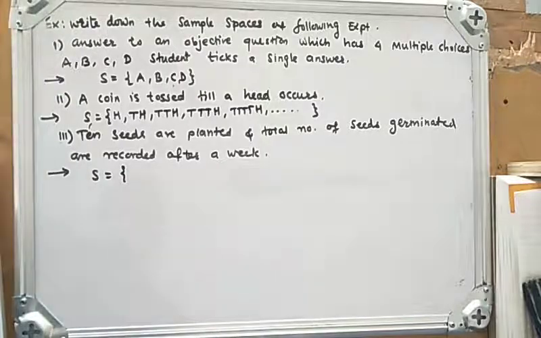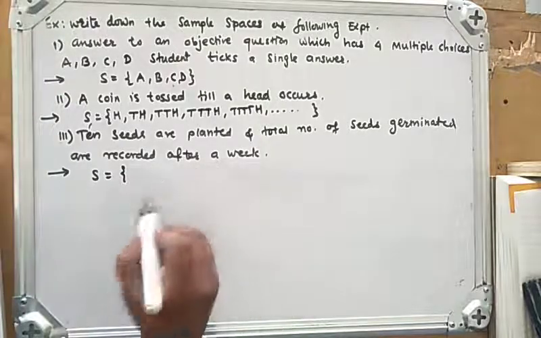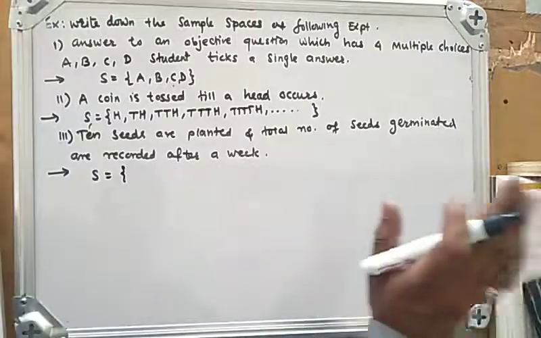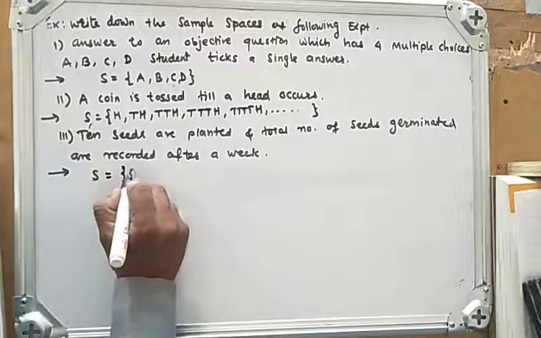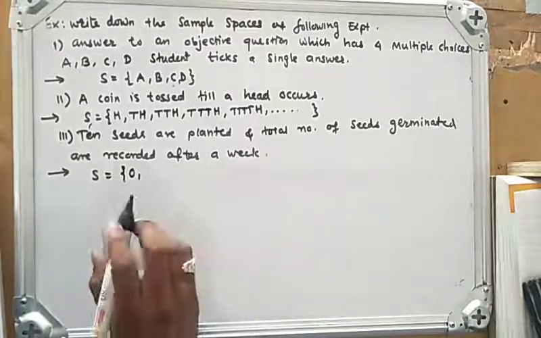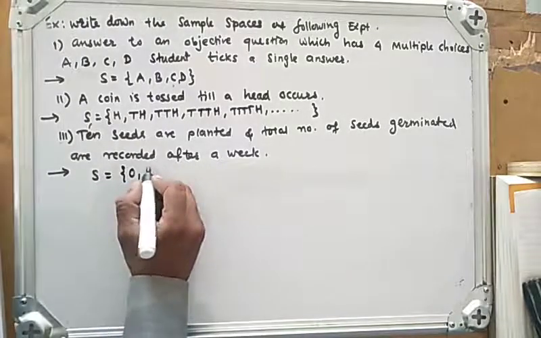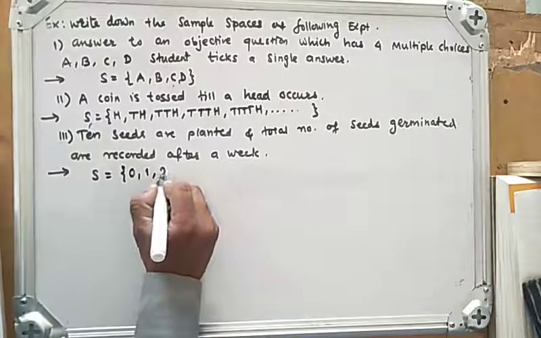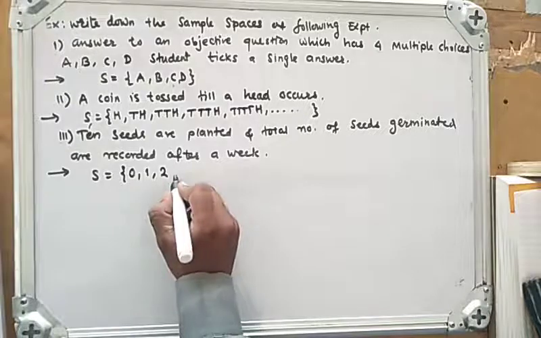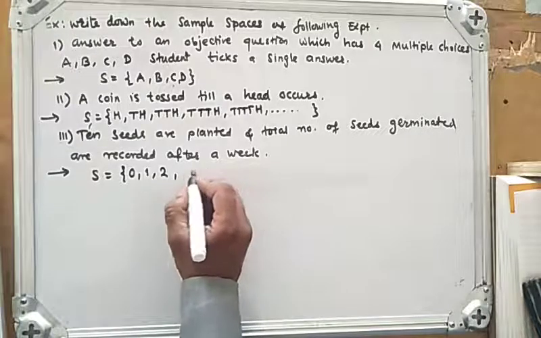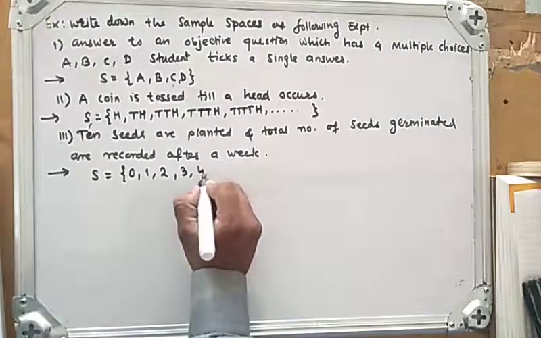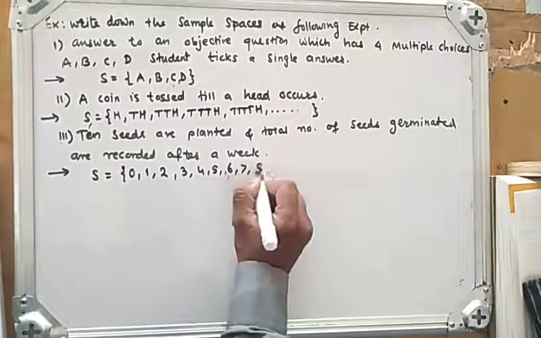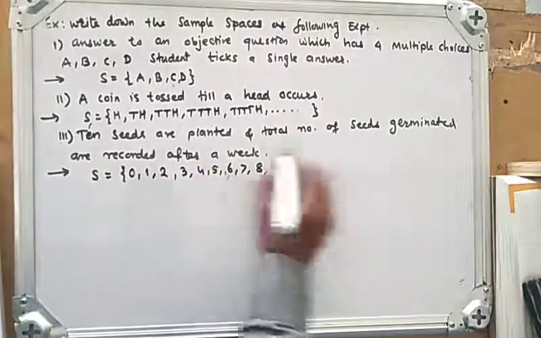If after a week I observe that no seed has germinated, then the possibility is 0. If from the 10 seeds only one seed has germinated, then 1. If 2 seeds germinated, then 2. Next 3 seeds germinated, then 3. So 3, 4, 5, 6, 7, 8, 9, and in total there are 10 seeds.